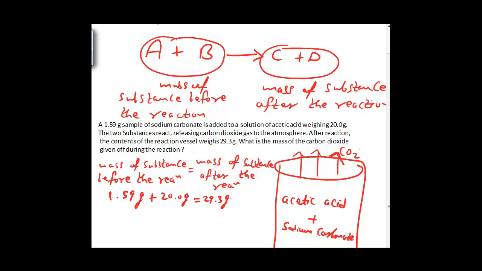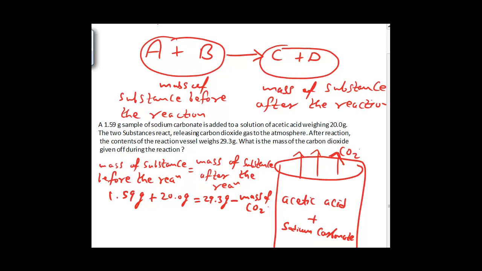Okay, now since carbon dioxide is being formed as a product and is being released into the air, we are going to subtract that mass of carbon dioxide from the product.